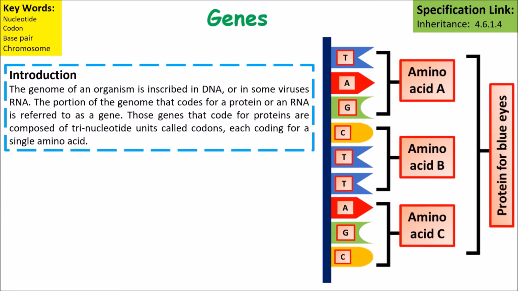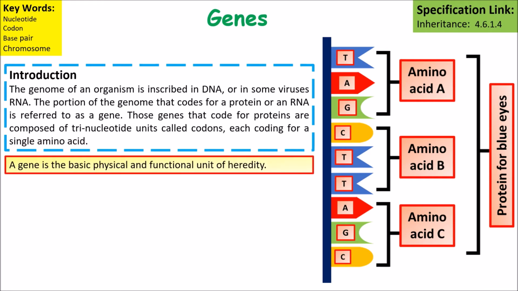The genome of an organism is inscribed in DNA, or in some viruses RNA. The portion of the genome that codes for a protein or an RNA is referred to as a gene. These genes code for proteins and are composed of trinucleotide units called codons, each coding for a single amino acid.